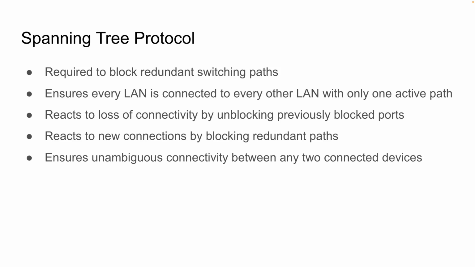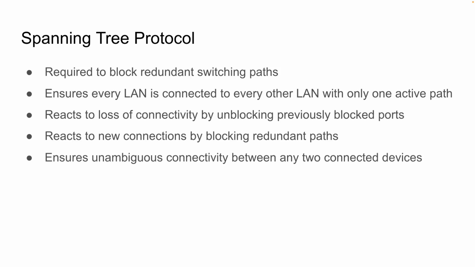Yes, we add physical redundancy of physical paths, but then we cut off some redundant paths programmatically so that any two points connected to your switched network are connected with only a single active path. Spanning tree protocol ensures that every LAN is connected to every other LAN. It reacts to loss of connectivity by unblocking previously blocked ports.